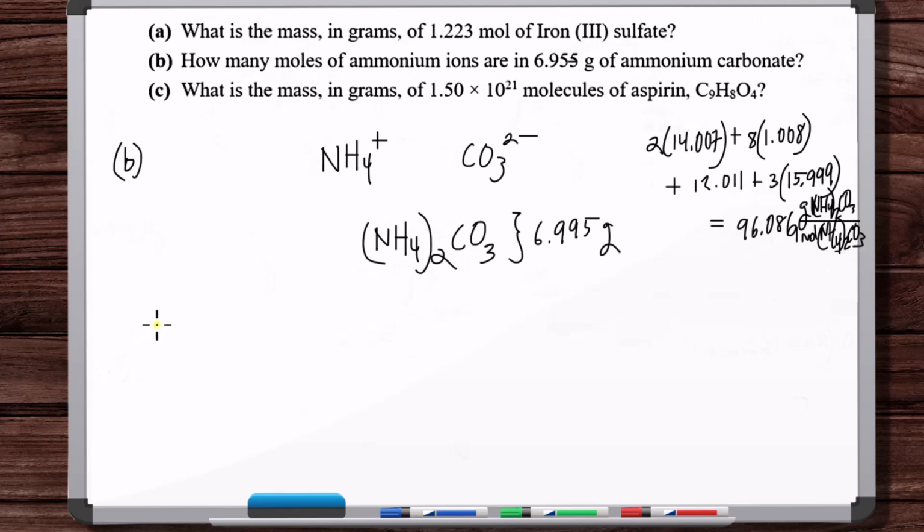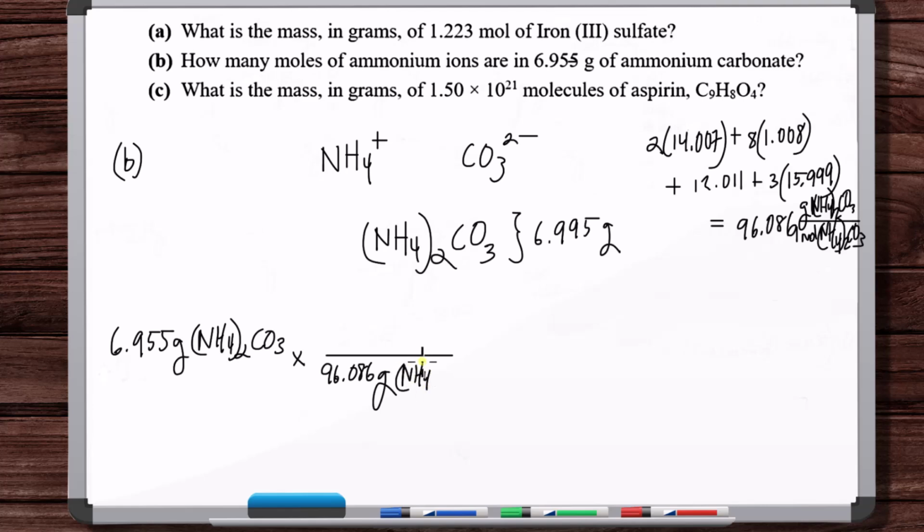Okay, so we're starting with 6.955 grams of (NH4)2CO3. Now we know that for every 96.086 grams of (NH4)2CO3, there's 1 mole.